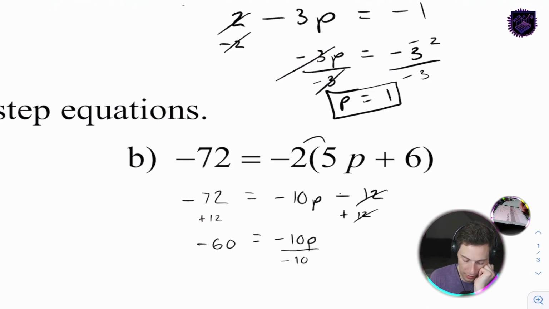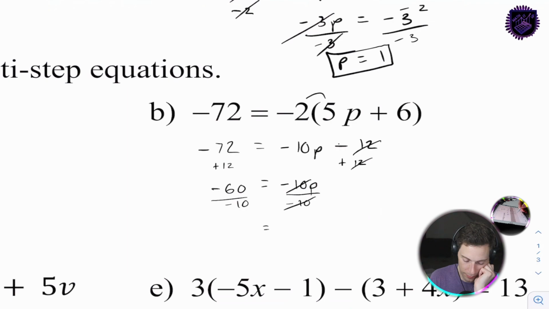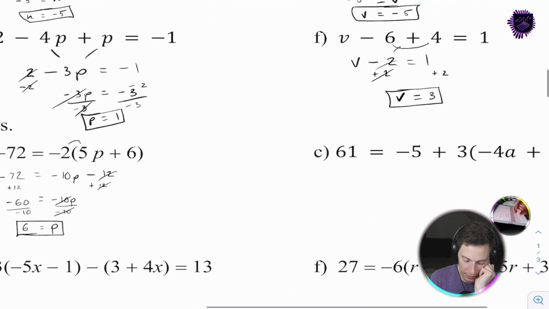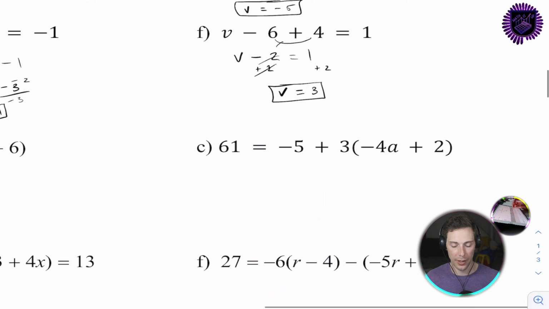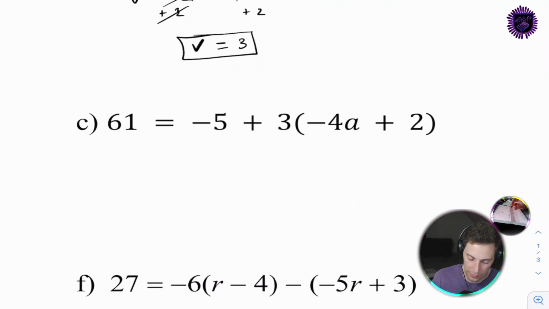Negative 10, negative 10 cancels. P is equal to 6. That's our answer.